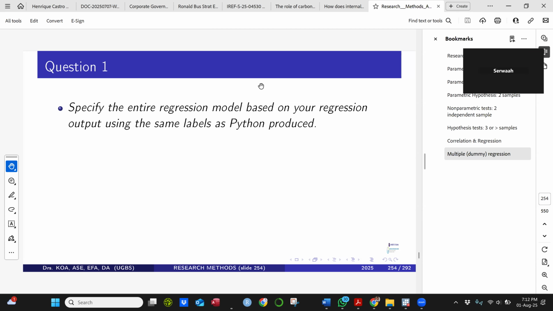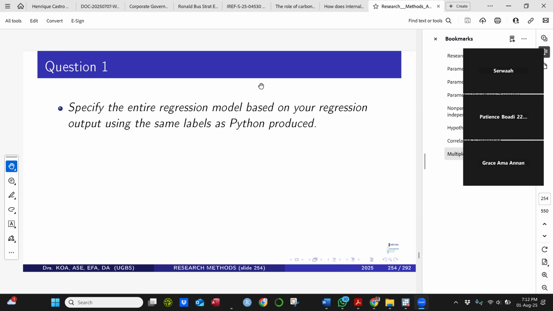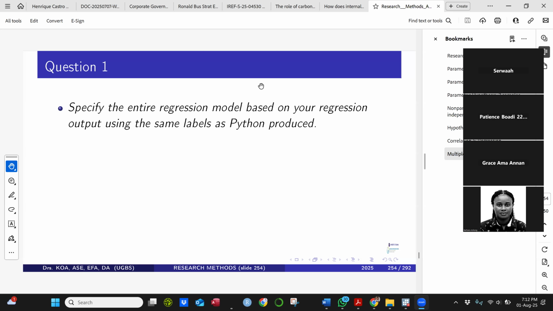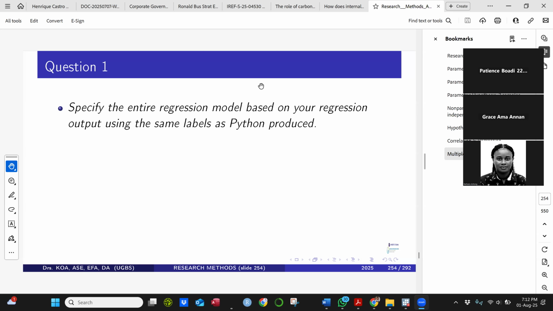Okay, let me take it to Patience Body. Prof, I remember the last time you said the specified regression has an error term and a beta term, if I'm correct.